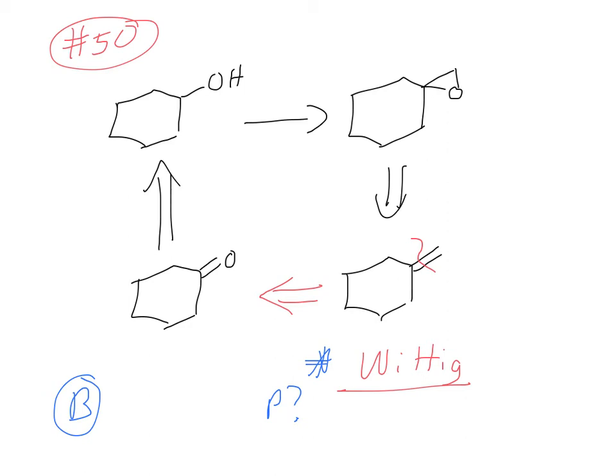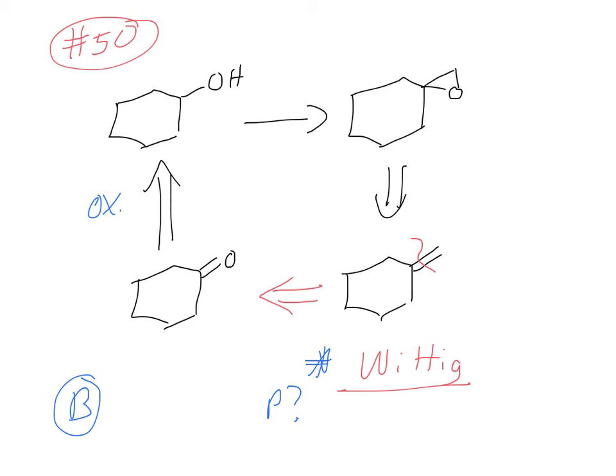Both A and B have oxidation. So you could look at all of them and say, well, I know I probably need to go through a ketone at some point, so some sort of oxidation process here. A through C does that, so you can eliminate D that way.